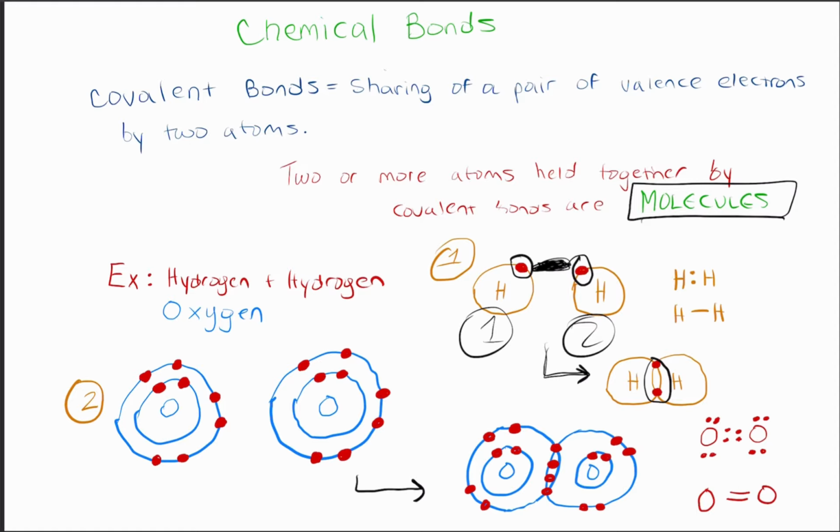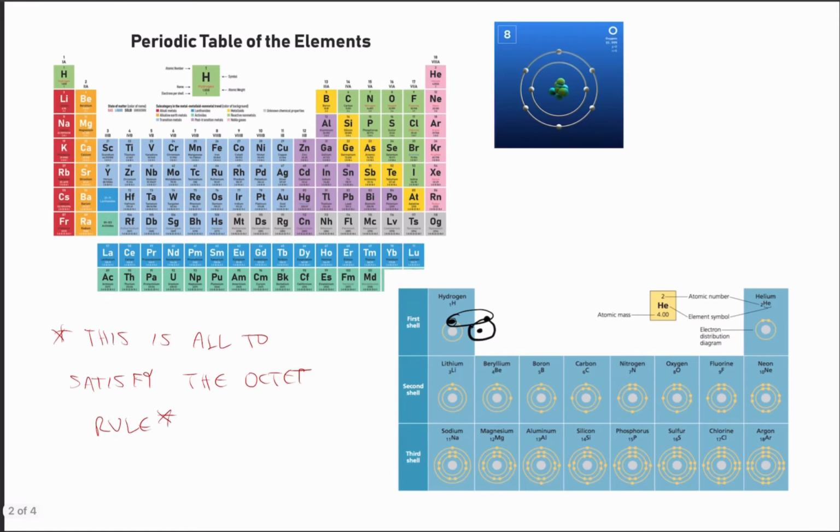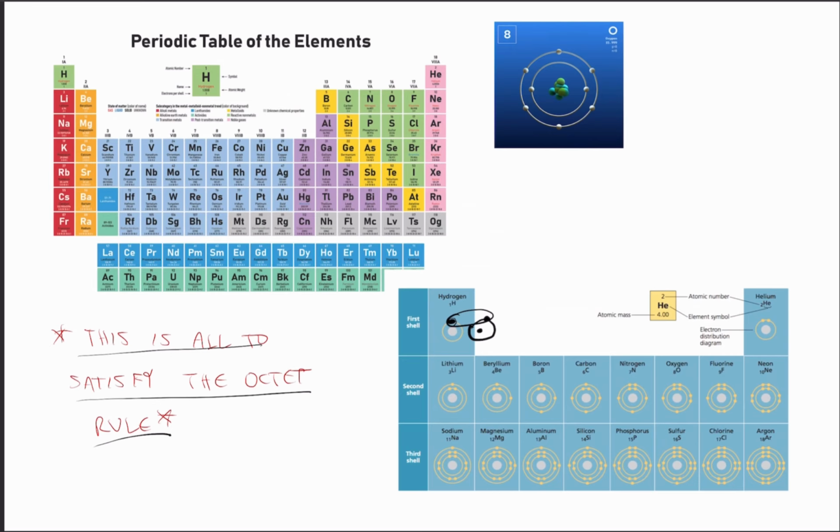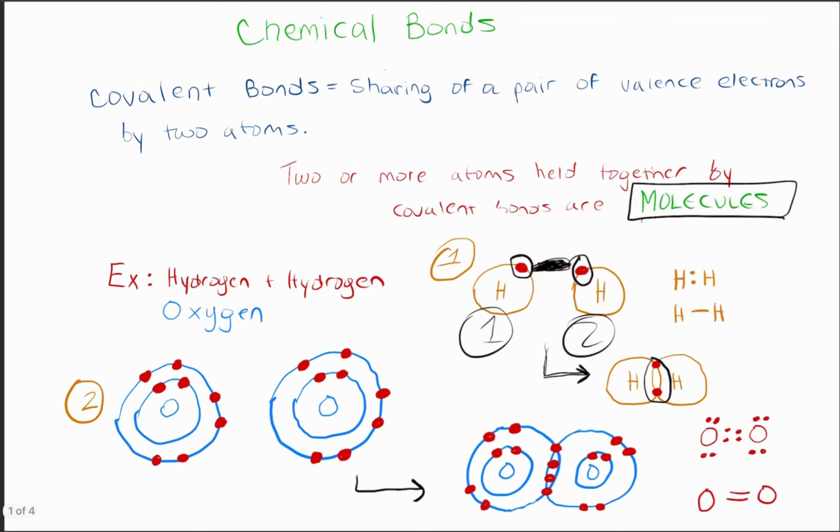Now, if we look at an example like oxygen, this is something a bit different, but the same type of concept. If I scroll over to my right, we see this statement that says this is all to satisfy the octet rule. Now, what is the octet rule? This is a rule where atoms want their outer valence electron shell to hold 8 electrons.